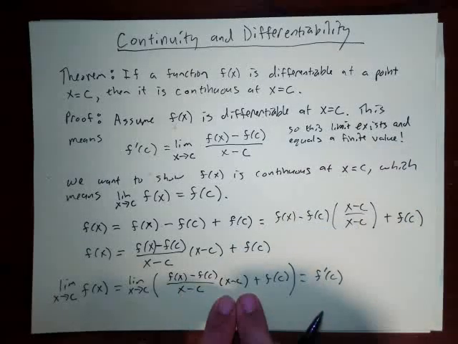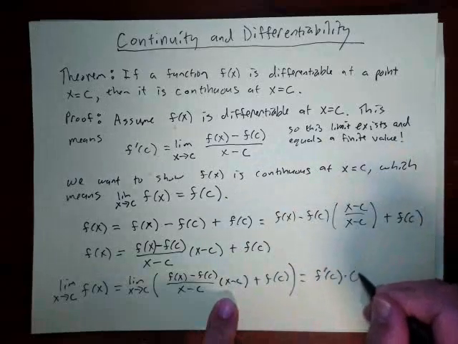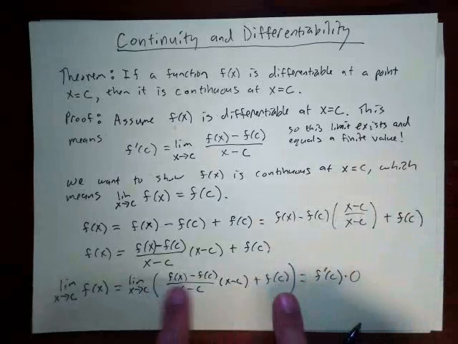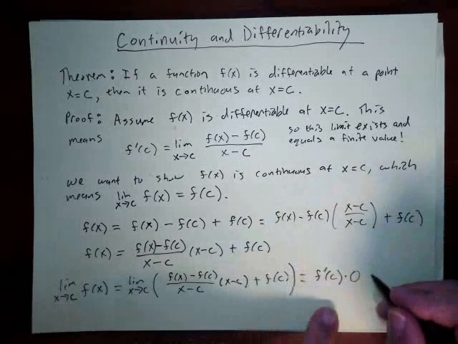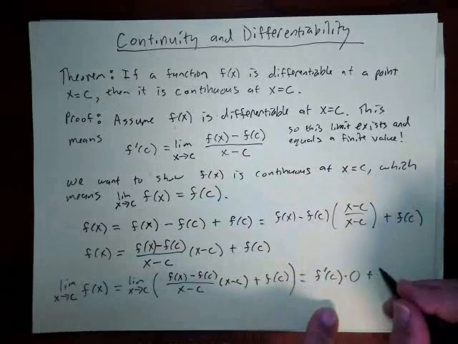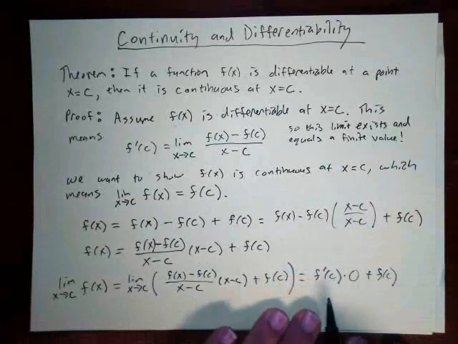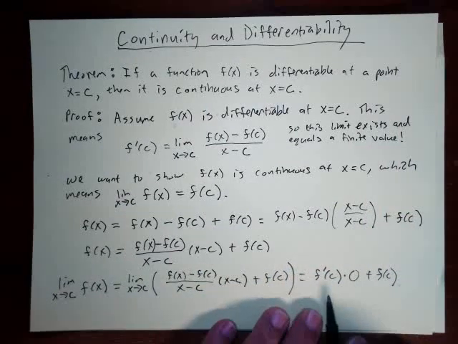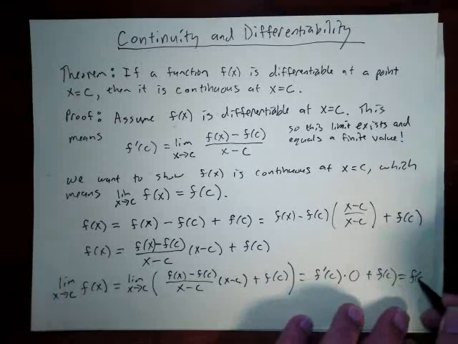And the limit of x minus c as you approach c is just 0, so this would be times 0. Then the limit of f of c as x approaches c: f of c is just a constant, and a constant is always equal to itself, so this would be plus f of c. Now since f prime of c is a finite value, any finite value times 0 is just 0. So this whole thing is just equal to f of c.